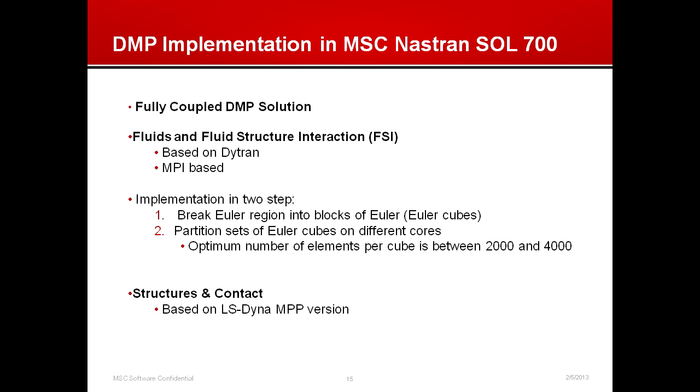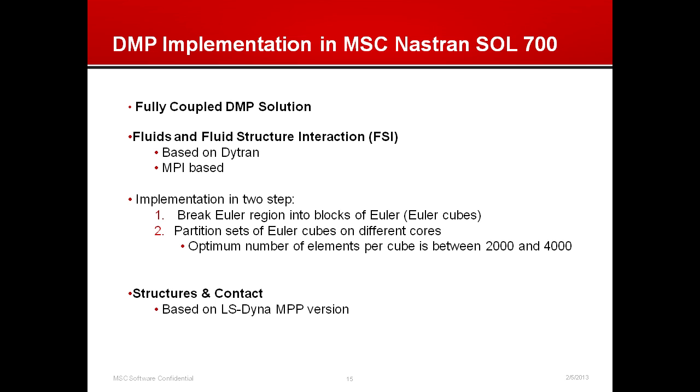The way it works is very similar to domain decomposition, where we take the Eulerian domain and partition it into subdomains, or smaller cubes, if you will, and those cubes are then spawned over the distributed processors across the network.